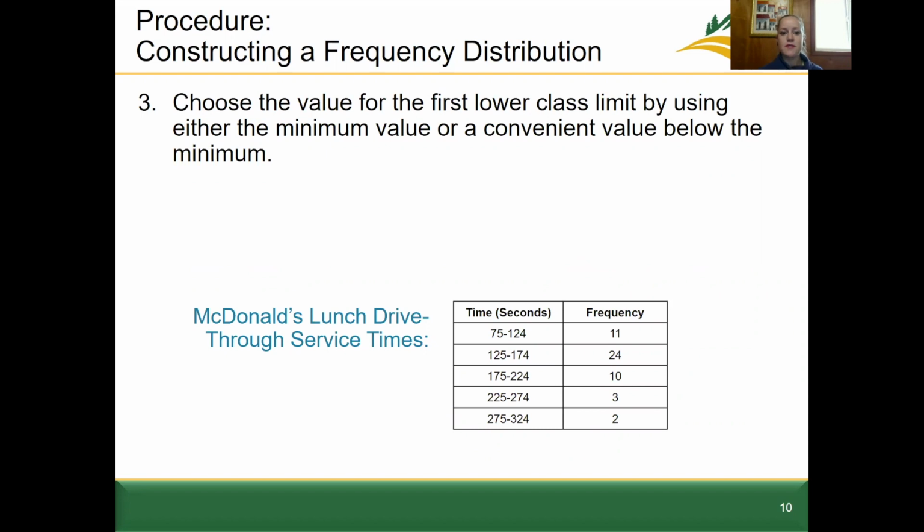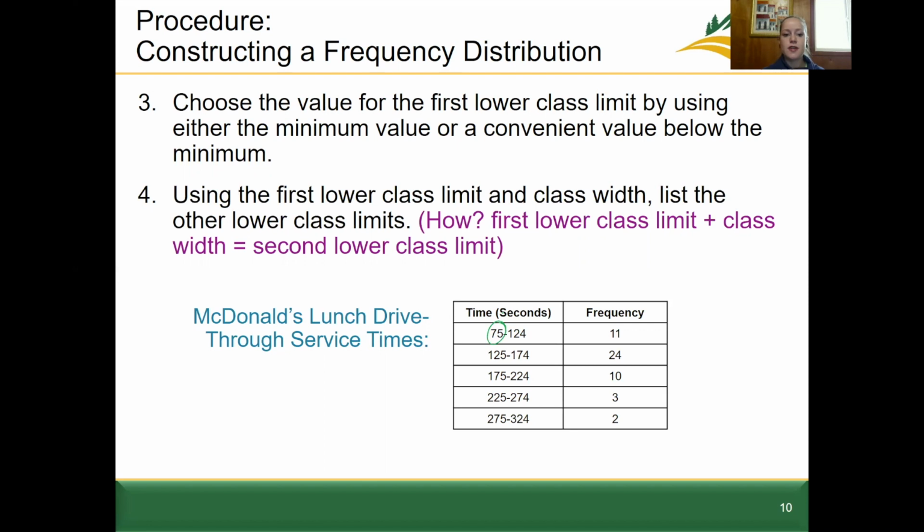Step 3, choose the value for the first lower class limit by using either the minimum value or a convenient value below the minimum. So here we would presume that if we see 75 is our first lower class limit, then that is either equal to the minimum value in the set of data, or it's a convenient value below the minimum value. Again, we'll go through and look at the full data set after we talk through these steps.